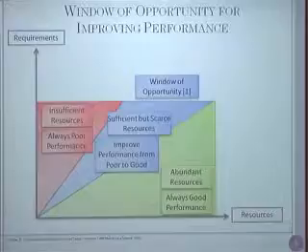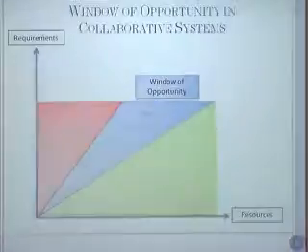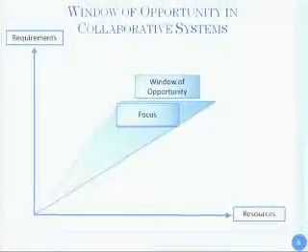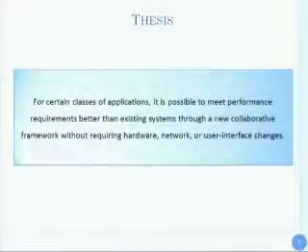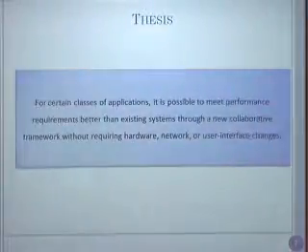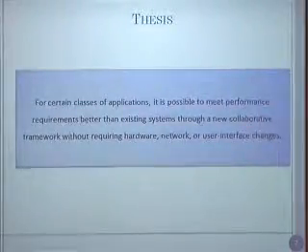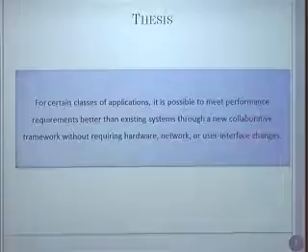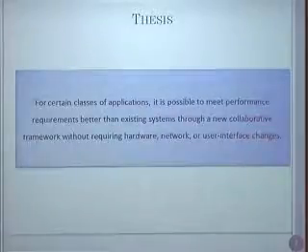It's called the window of opportunity, and my work focuses on the window of opportunity in collaborative systems, which brings me to my thesis. For certain classes of applications, it is possible to meet performance requirements better than existing systems through a new collaborative framework without requiring hardware, network, or user interface changes.